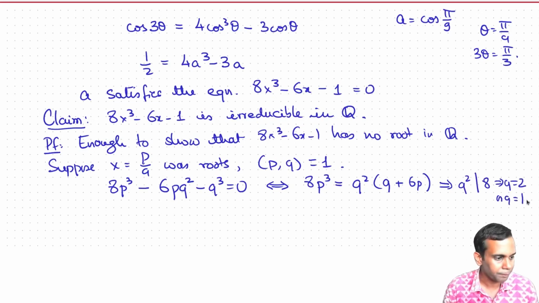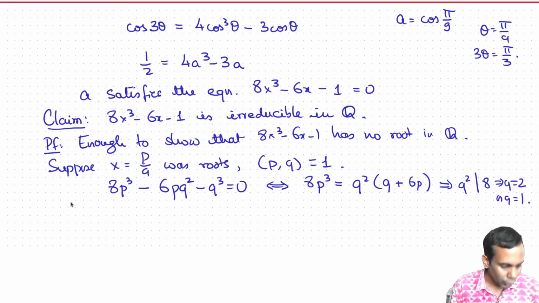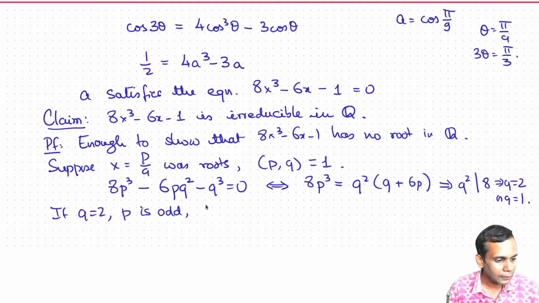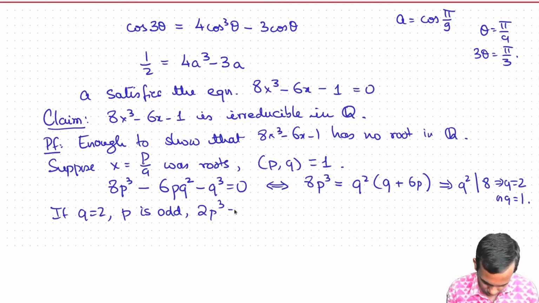Okay, so if q equals 2, this means that p has to be odd, because p and q have no common factors, and what we get is 2p cubed is equal to 2 plus 6p, which is 2 into 1 plus 3p.